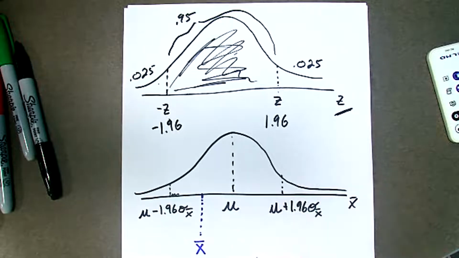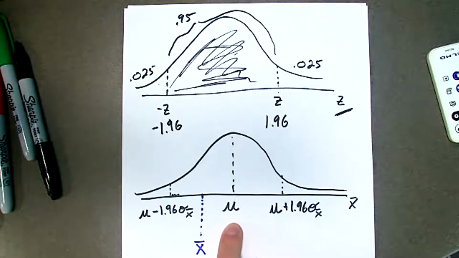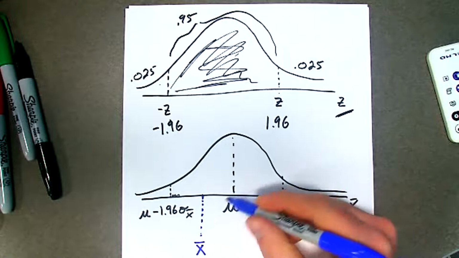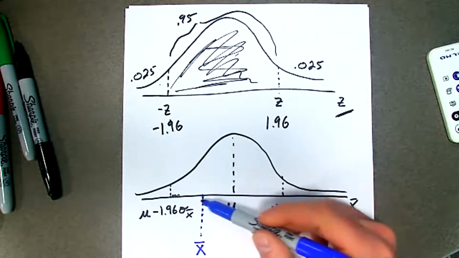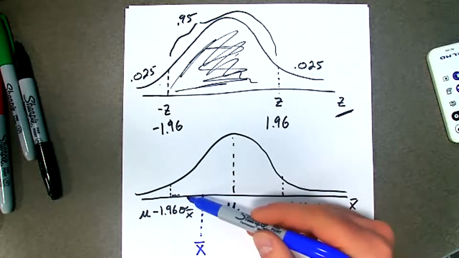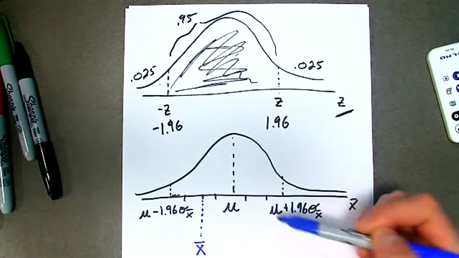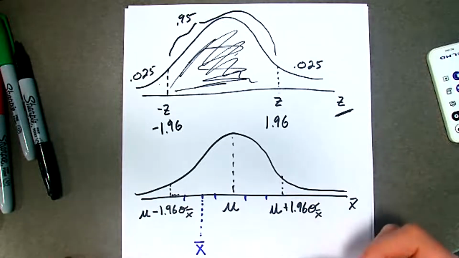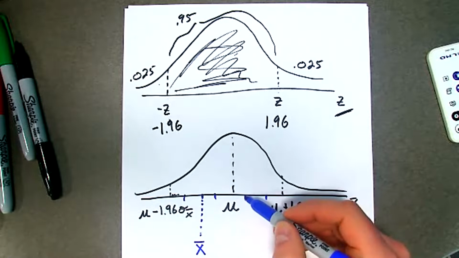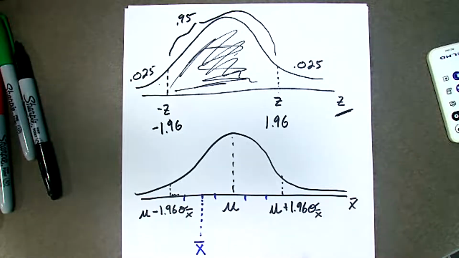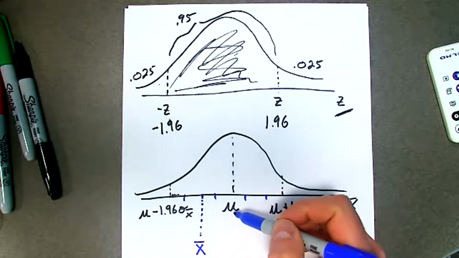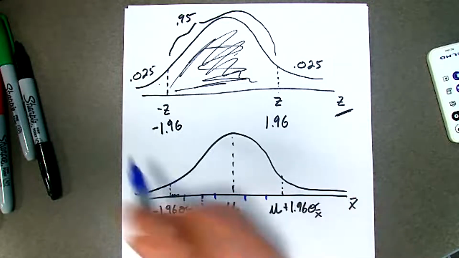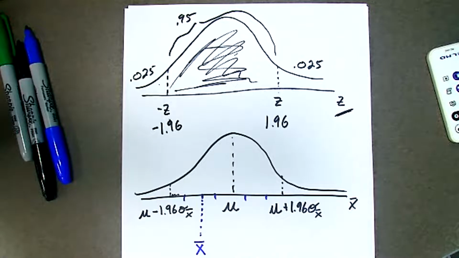So this confidence interval would include my population mean. And that's going to be true for any value that's less than 1.96 standard deviations away. Any sample mean I see here, when I build this confidence interval around it, is less than 1.96 standard deviations away. So when I add and subtract 1.96 standard deviations, I'm guaranteed to include that population mean.